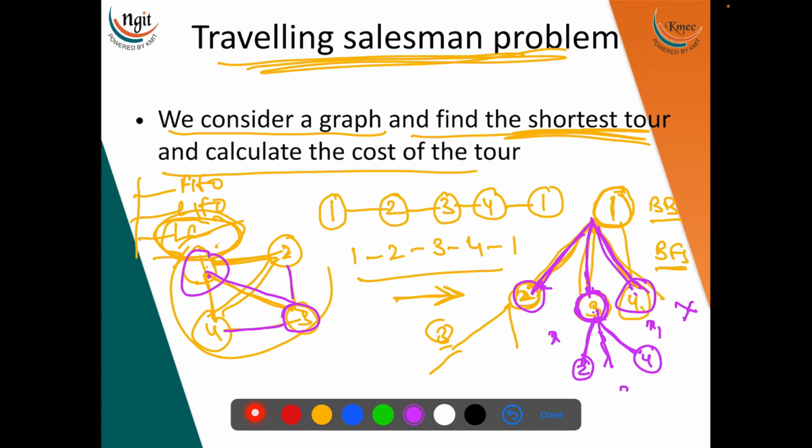If x is less than x1, then start exploring x, because in the least cost search method we have to explore the node whichever is minimum. If x is less than x1, start exploring this node. This is the objective of the traveling salesman problem with the branch and bound approach.